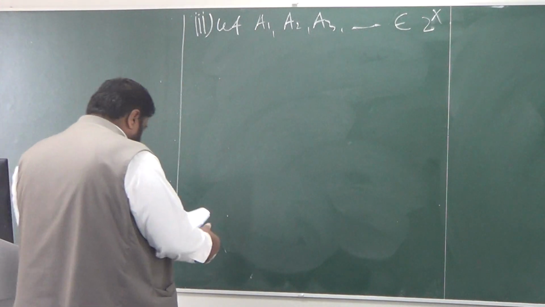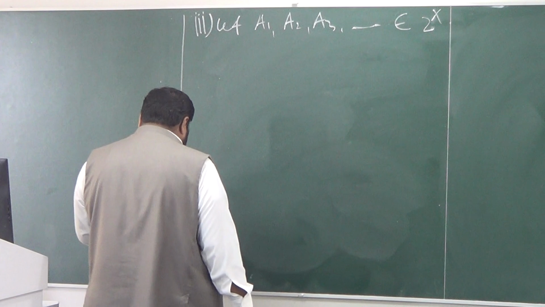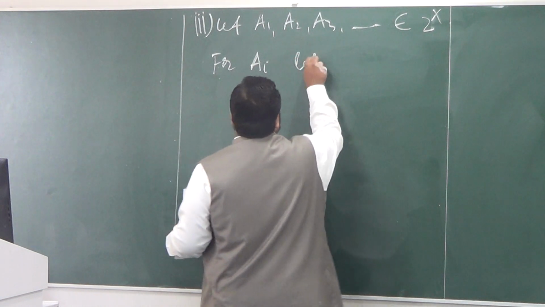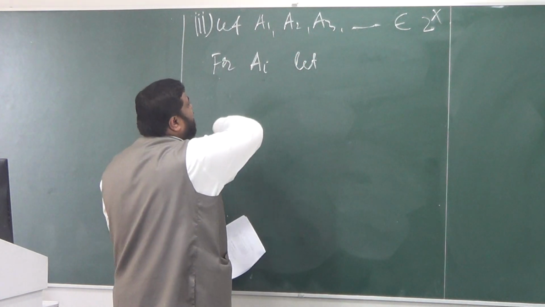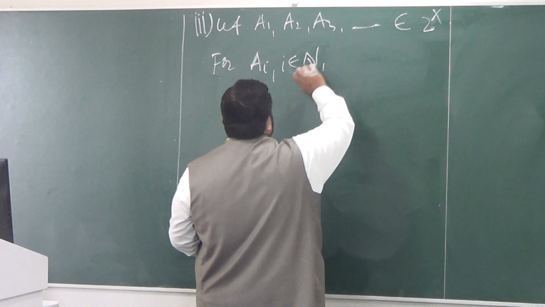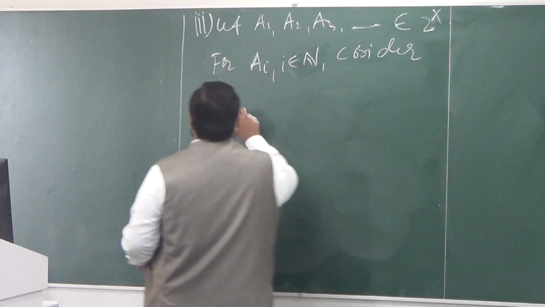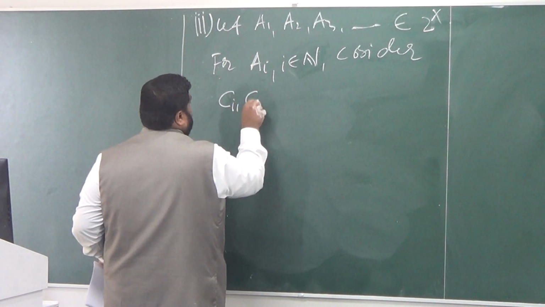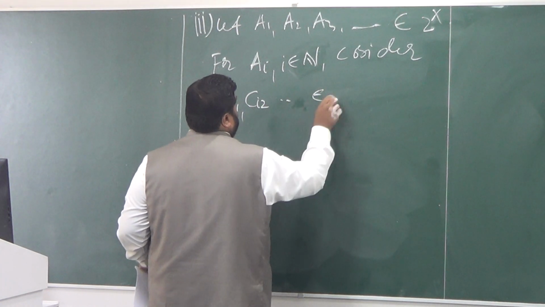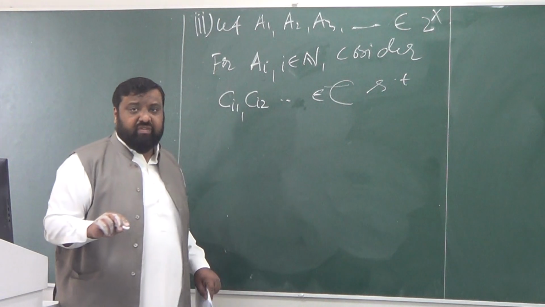So let's think about Ai, where i is in N. You see that there is a sequence Ci1, Ci2, and so on from C, such that what properties should it have?